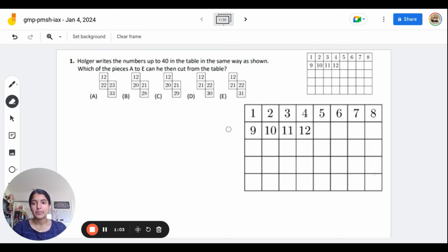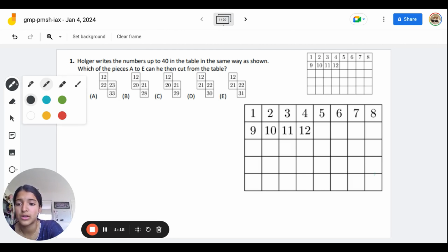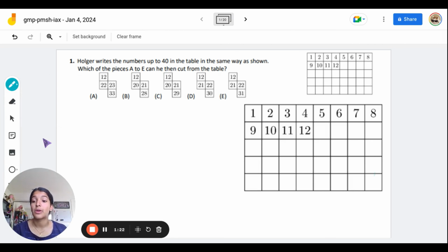But let's get going. So the first question, Holger writes the numbers up to 40 in the table in the same way as shown. Which of the pieces from A to E can he then cut from the table? So we have our table here, and we're going to choose a really cute color, turquoise, and I will have my very nice looking cursor helping me out.